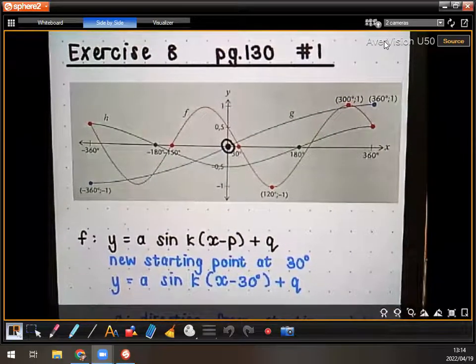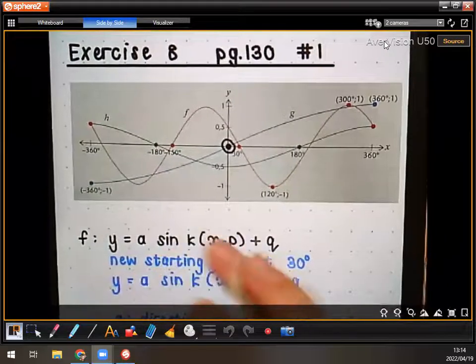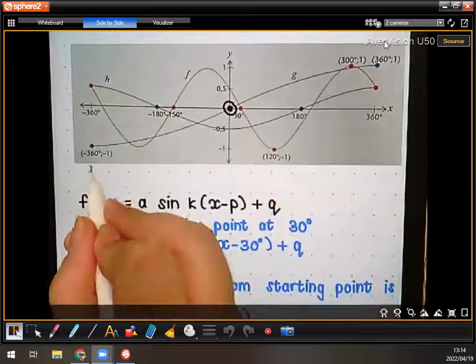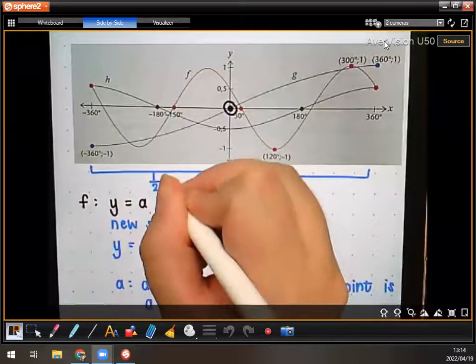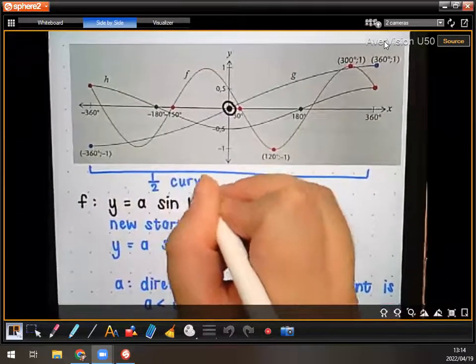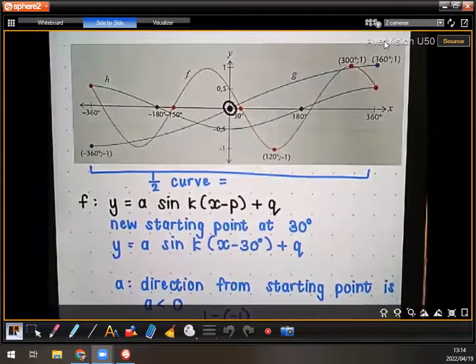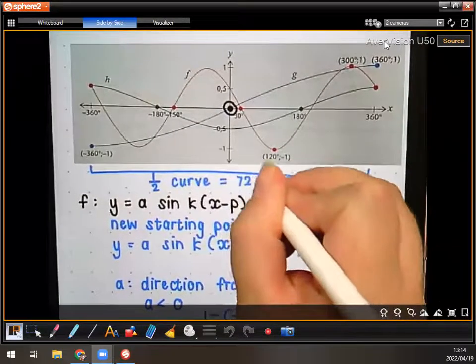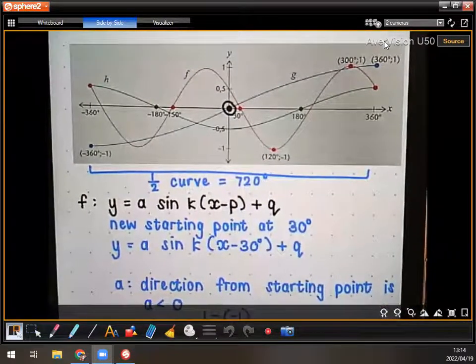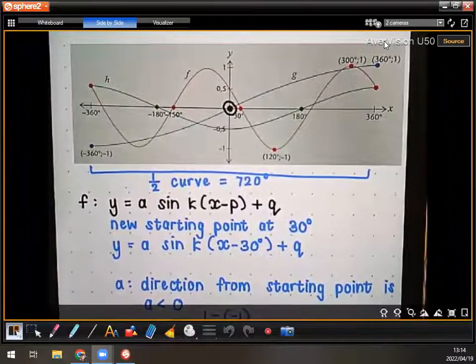So we can't see the full curve on this graph, but what we can see is that this is half the curve. How many degrees is that? If we're going from -360 all the way to +360, that's actually 720 degrees. That's only half the curve.